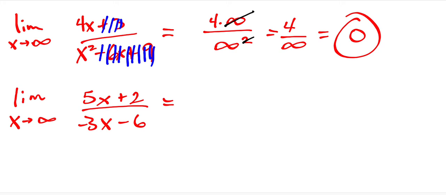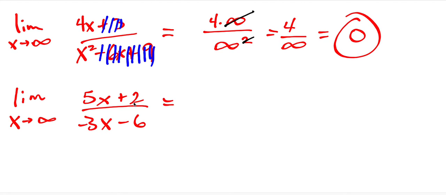Cassie, so the first thing I want to do is, because I'm plugging in infinity, I want to take out lower degreed things. What would I cross off on this one? So on the top, we've got two terms.